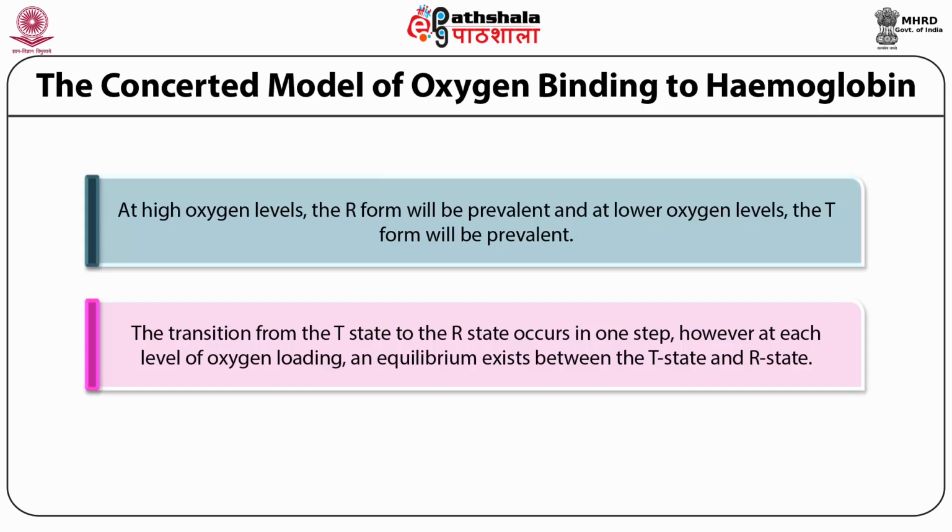At each level of oxygen binding, there is an equilibrium between the T state and the R state, but this model proposes that the equilibrium shifts from strongly favoring the T state, the no-oxygen-bound state, to strongly favoring the R state, which is fully oxygen loaded, in one go. So overall, oxygen binding shifts the equilibrium towards the R state, which is the general understanding in all the models, and this means high oxygen levels.